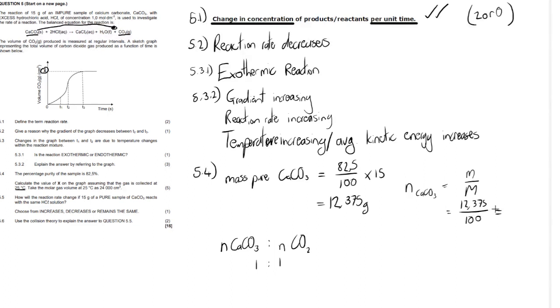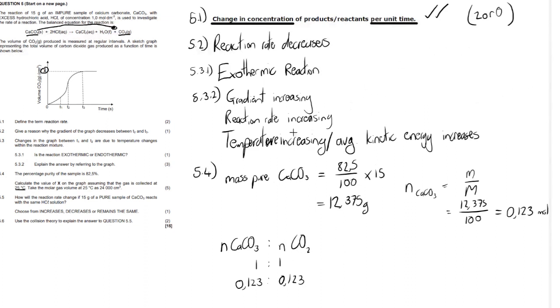All right, so this is going to be equal to 0.124. Of course, it's divided by 100. 12.375, but let's round to 3 decimals. I would argue maybe 4 decimals, but let's just go with 3 for now. This is the amount of moles, and for that same reason, it's the same amount of moles of carbon dioxide gas.